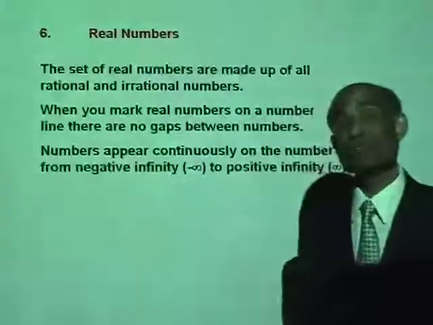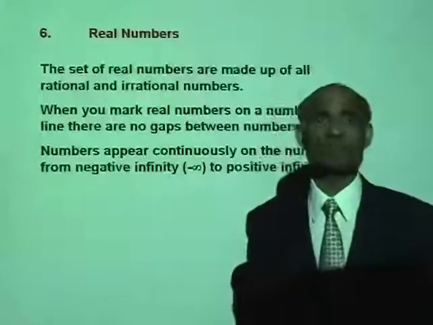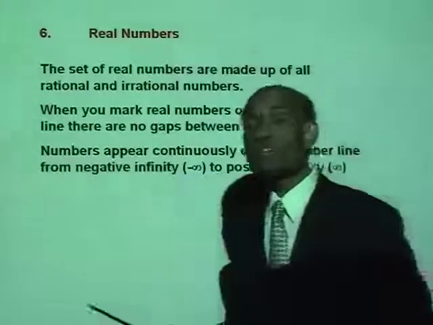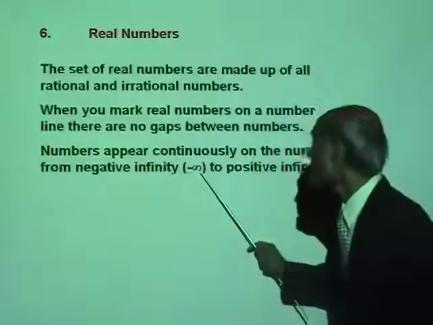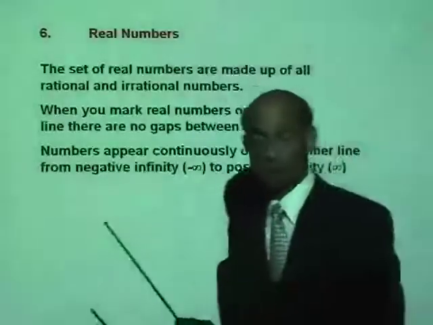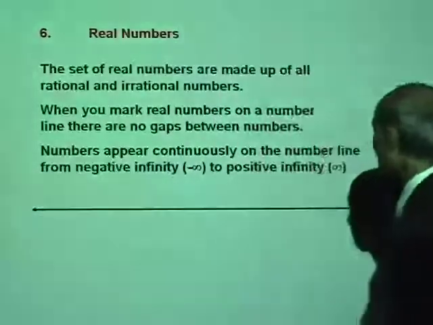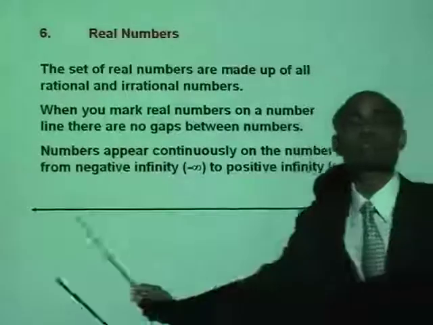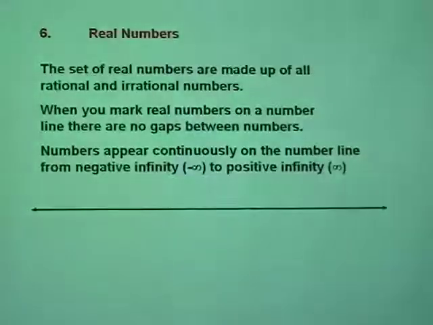So how would you draw a number line for real numbers? Real numbers simply go from negative infinity to positive infinity. You see? So you will represent the real numbers by simply a straight line, because there is no gap between any two real numbers. For example, watch this.